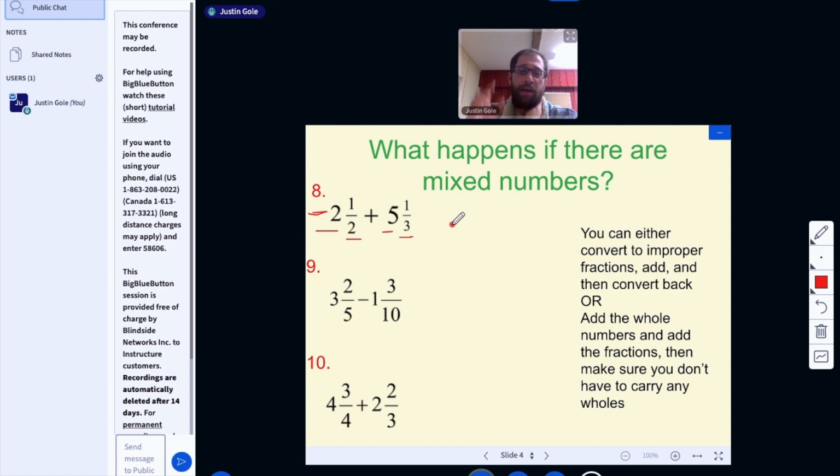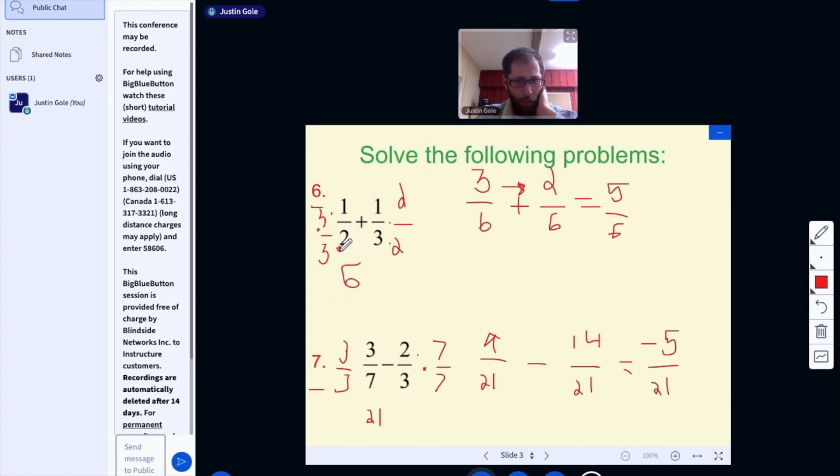So for this one, actually I'm going to do 8 and then I'm going to do 9, just so I can do both techniques. I'm going to add the whole numbers. 2 plus 5 is 7, plus I'm going to do the fractions now. So let's look at 1/2 and 1/3. We've actually done this, haven't we? I'm a little lazy, so we did that right here. 1/2 plus 1/3 is 5/6, right?